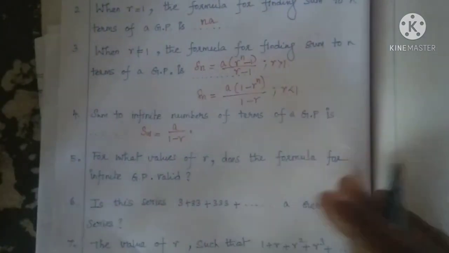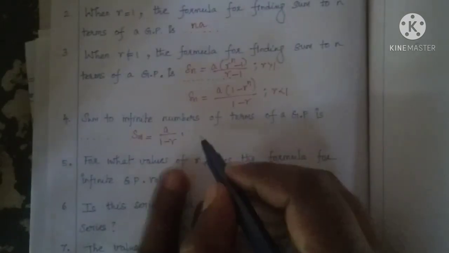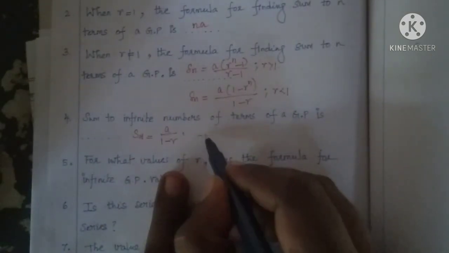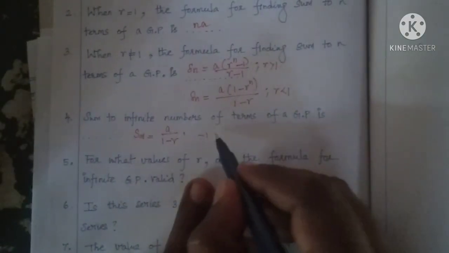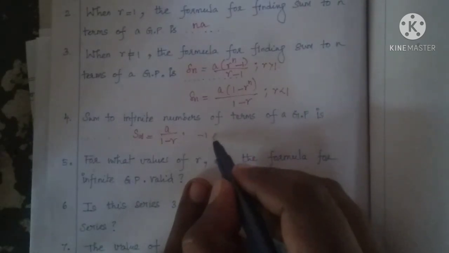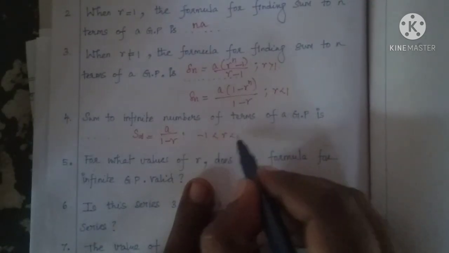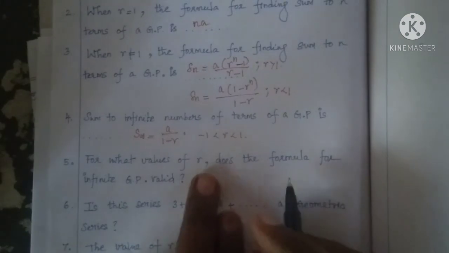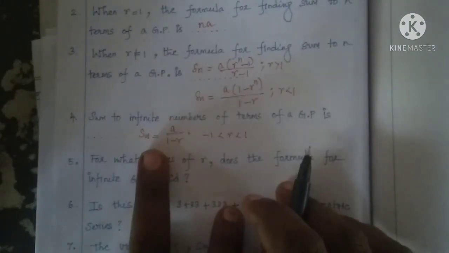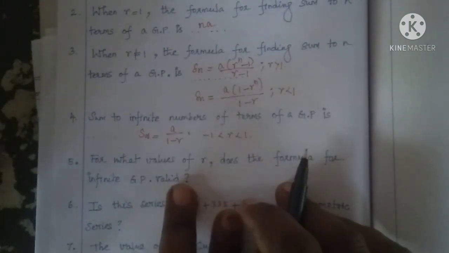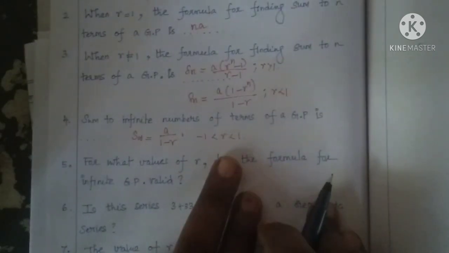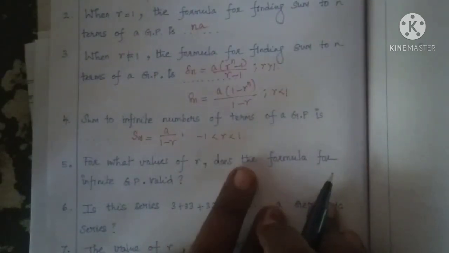The r value lies between minus 1 and plus 1, so it can be written as minus 1 less than r less than 1.